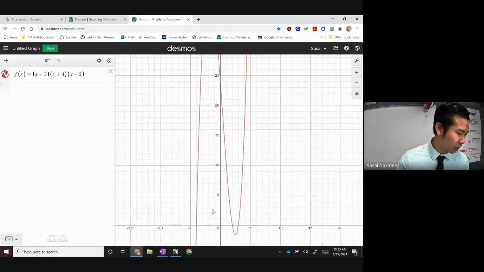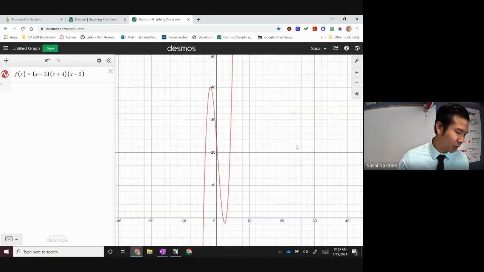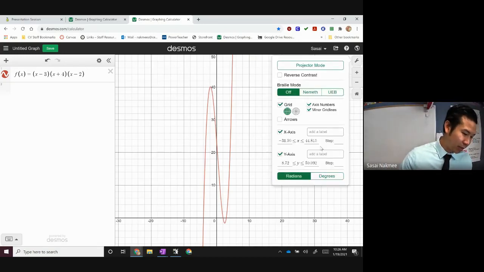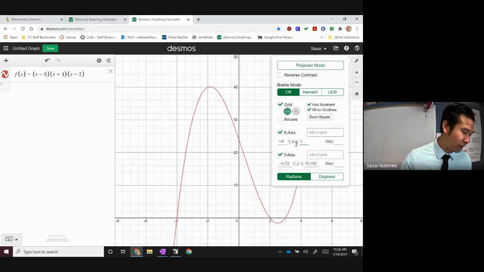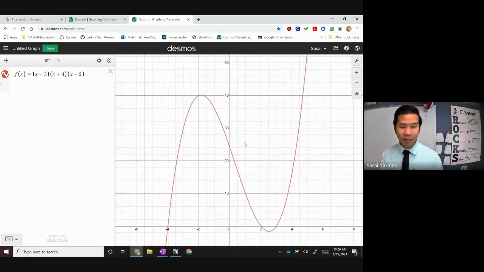Here's my cubic. You guys see that okay? Let's make this a little bit better. Let's have the y-axis go from -8 to 50, and the x-axis go from -8 to 8. There we go. That looks a little bit better.